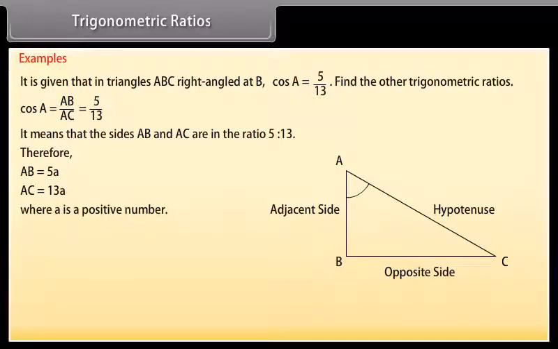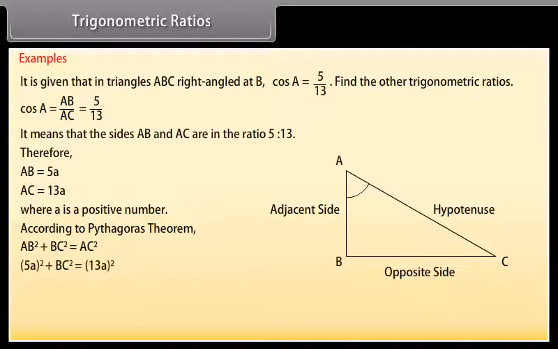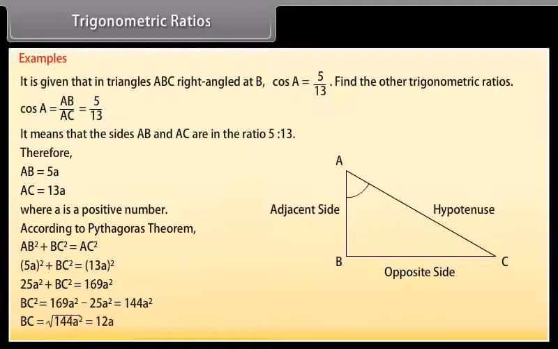According to Pythagoras' theorem, AB square plus BC square is equal to AC square. By substituting the values, we get 5a whole square plus BC square is equal to 13a whole square. Now, by calculating it, we get BC as square root of 144a square, which is 12a.